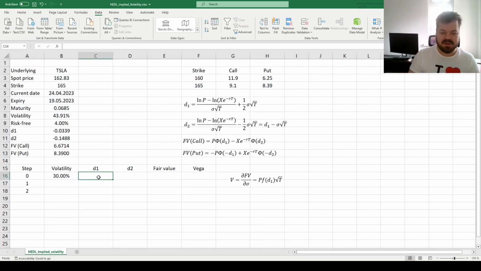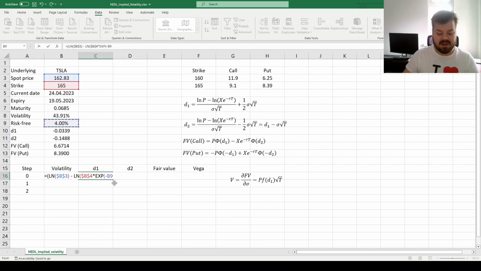First of all, we need D1 and D2, however. This is nothing new. Natural logarithm of the underlying price locked minus the natural logarithm of discounted strike price locked, times the exponent of negative risk-free rate locked, times maturity locked. That wraps up the numerator.